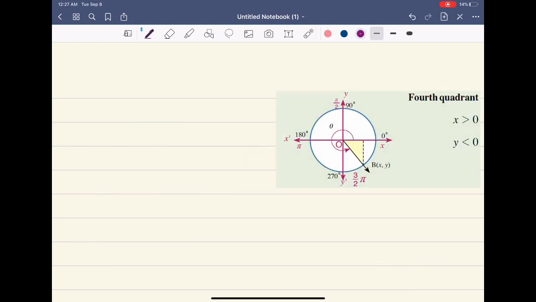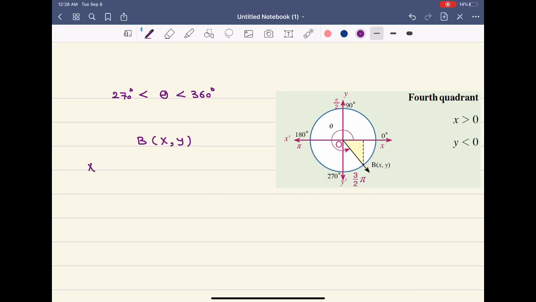If the terminal side of angle theta in the standard position intersects with the circle in the fourth quadrant, then angle theta lies between 270 degrees and 360 degrees. The point of intersection of the terminal side with the circle, B, consists of x and y.